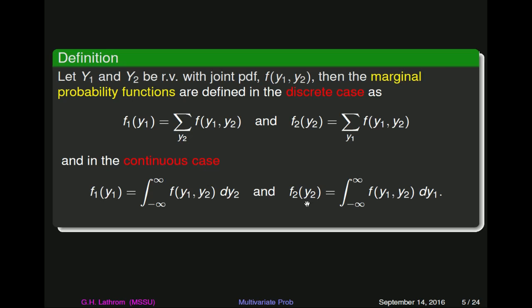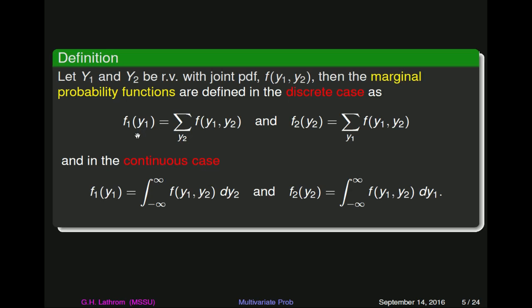Likewise, if we want the marginal probability function for y sub 2, so f sub 2 of y sub 2 is going to be the integral from minus infinity to infinity over all of the y sub 1's for our joint PDF.